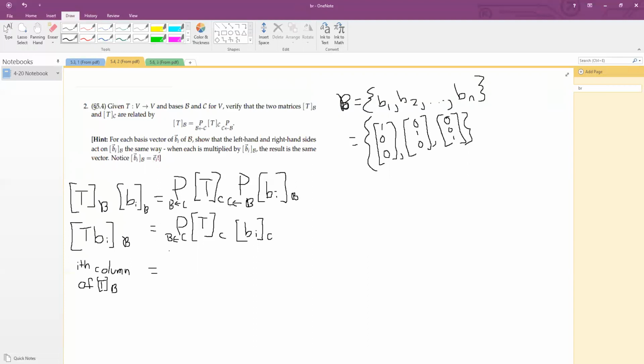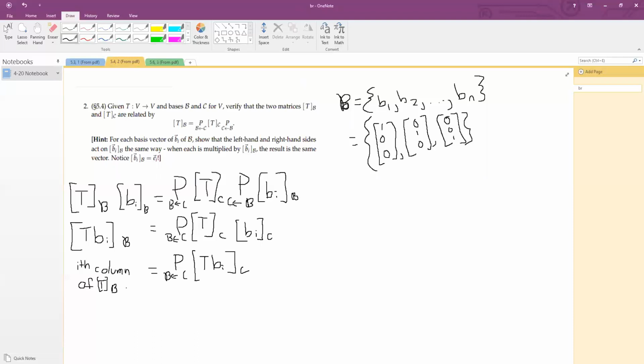Over here, we have P from C to B, and we're going to be multiplying these two together. So we're going to end up with T BI with respect to C. So what is this then? We talked about what this was before.